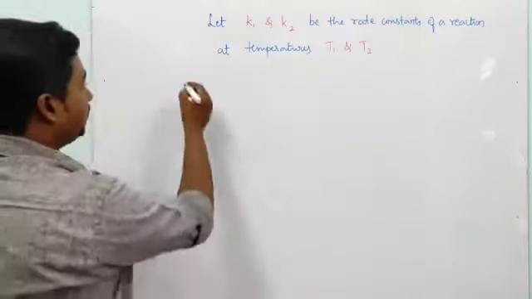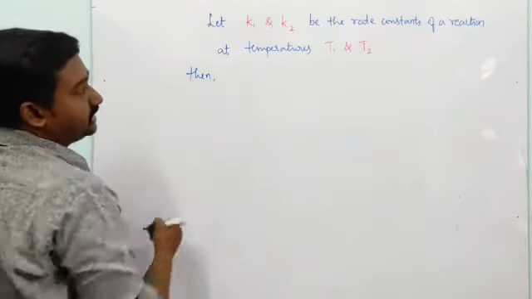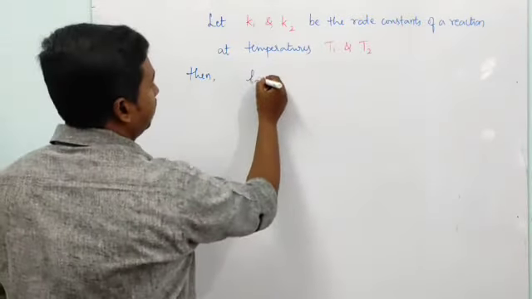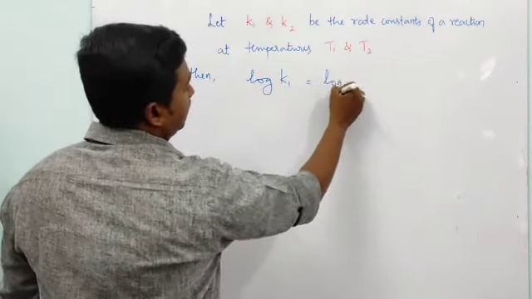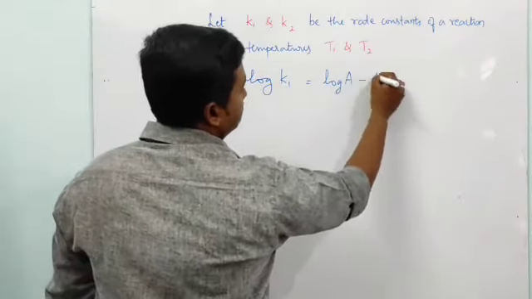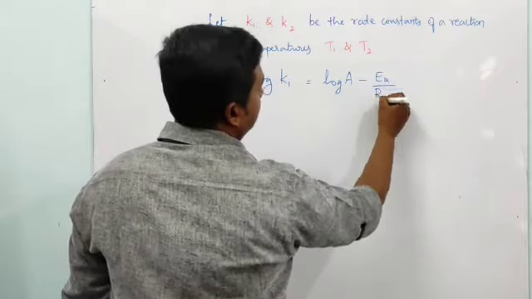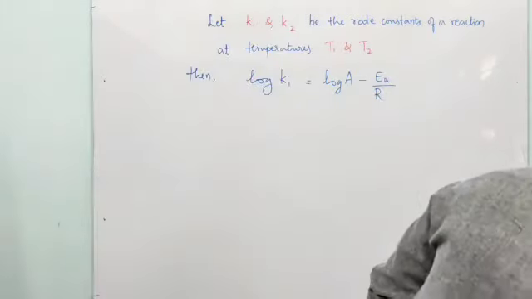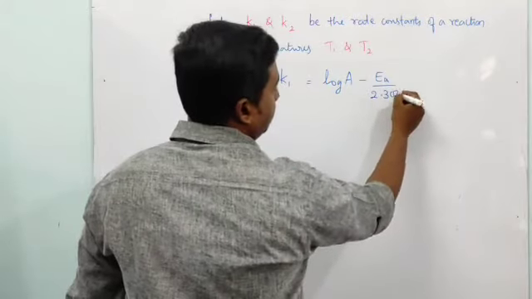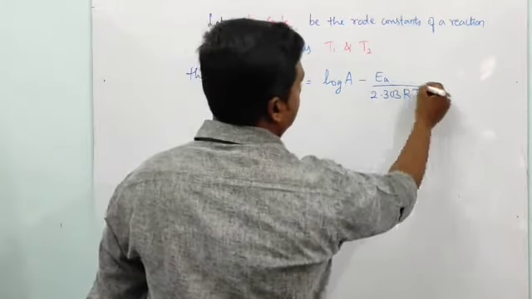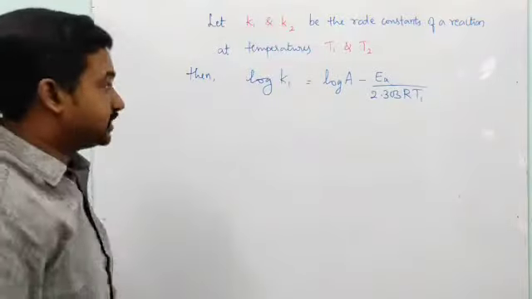Then according to the simplified form of Arrhenius equation, we will have log k1 equals log A minus Ea by 2.303 RT1. This is the first expression.